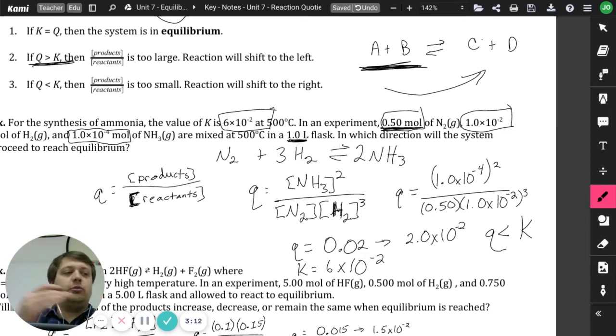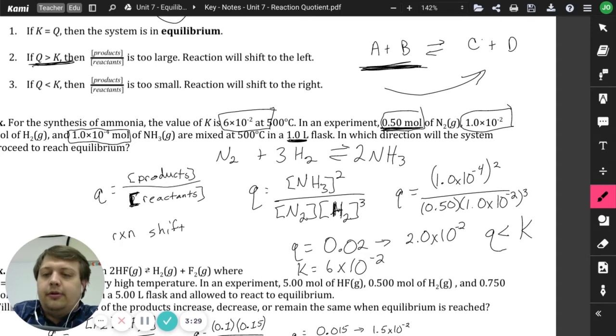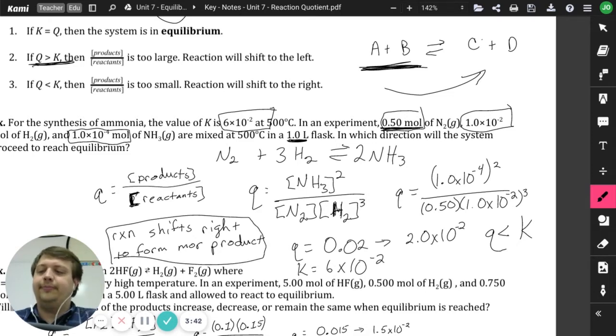That means we're going to start to create more products, and so the amount of ammonia would increase. All right, so Q less than K, so the reaction shifts right to form more product. And then that would be my answer.